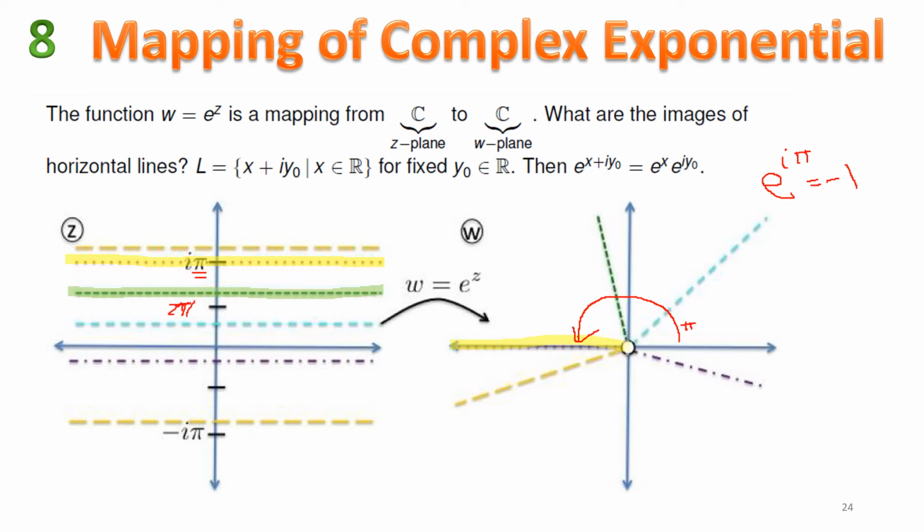So this green dotted line is just above the line pi by 2. Now the line that makes an angle a little above pi by 2 is this one. So I would like to highlight that line, which is this line.